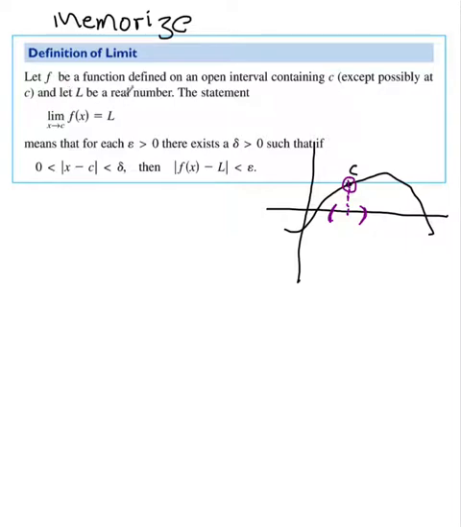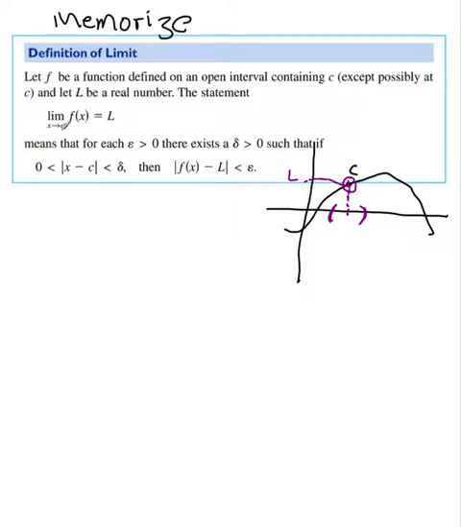And let L be the real number such that the limit as x approaches c of f of x is equal to L. So L is basically what the function appears to be approaching.